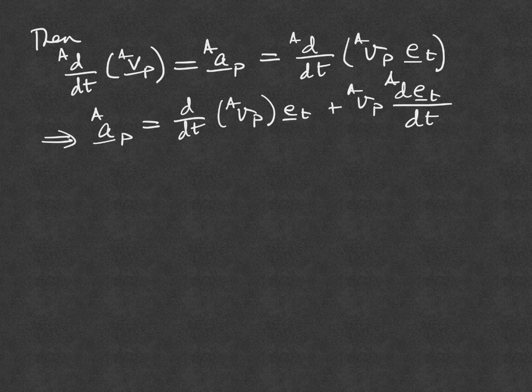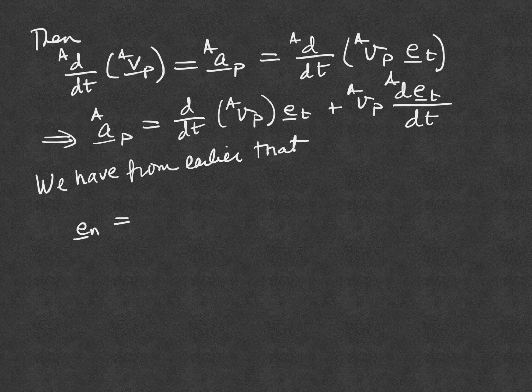But recall that now using this expression we have from earlier, that En is equal to de_t/dt in A divided by its magnitude.